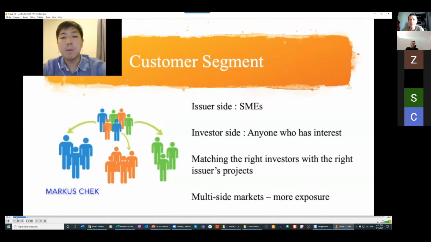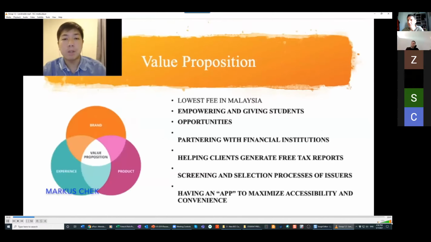As a financing company, we find it very important for us to match the right investors with the right issuers. As for our target market, my group and I feel that we will target multi-site markets to gain the most exposure in all the industries. Next is the value proposition, which is what LendMe La can provide in terms of value towards our customers.